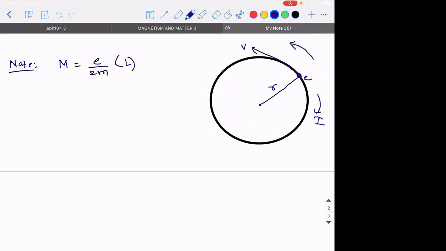Right. So when the current is flowing in clockwise direction, magnetic dipole moment will be in which direction?